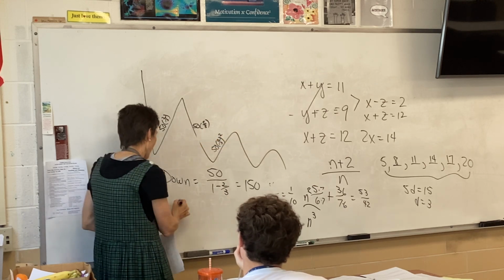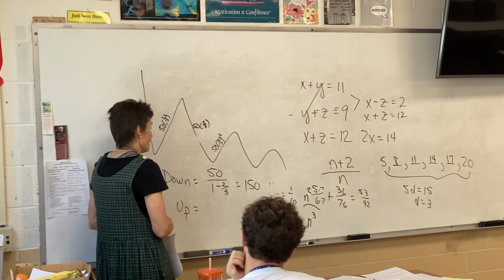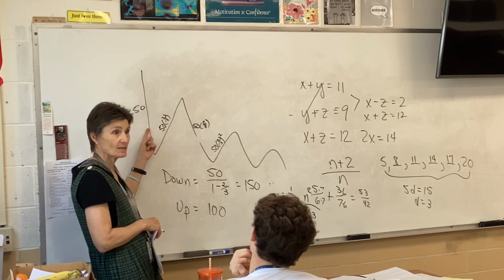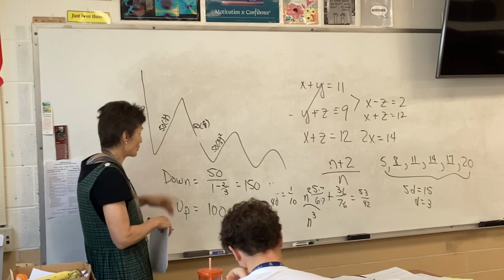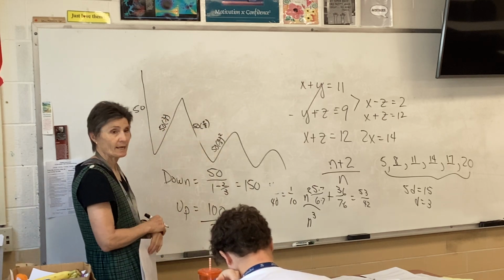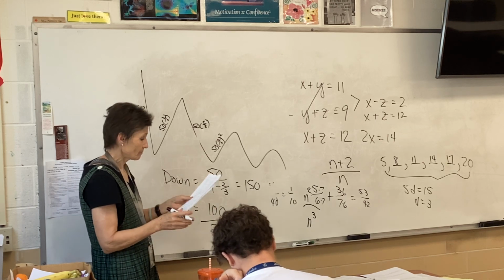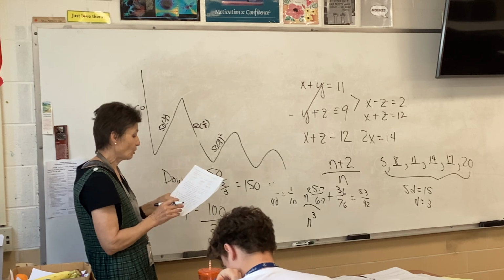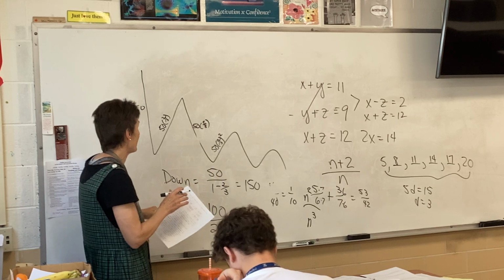So what about the ups then? They are going to be exactly the same thing without this initial 50. So the total distance it travels is 250. Now that's question B. Question A, how high does it go after it hits the 6th time?